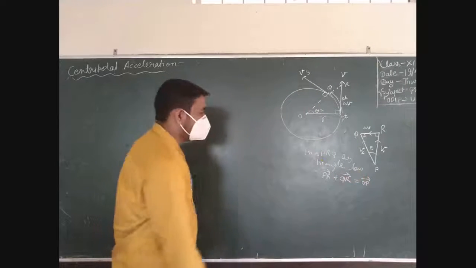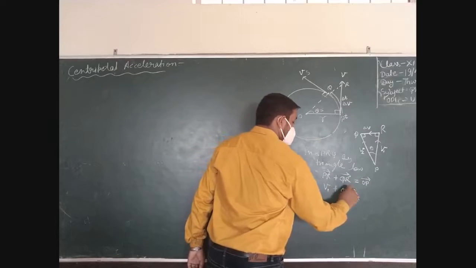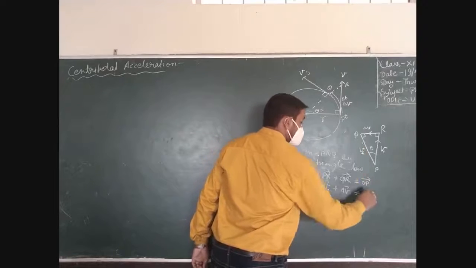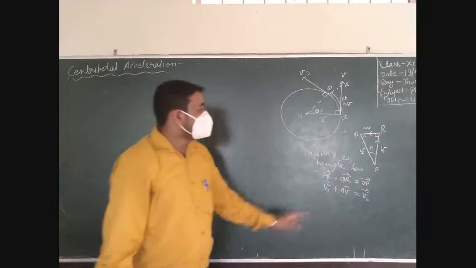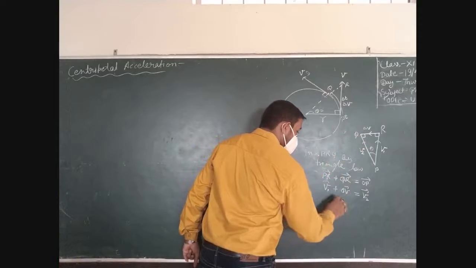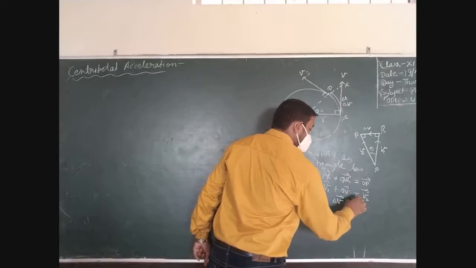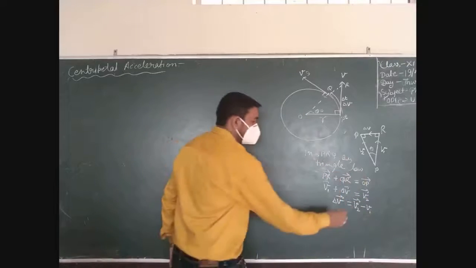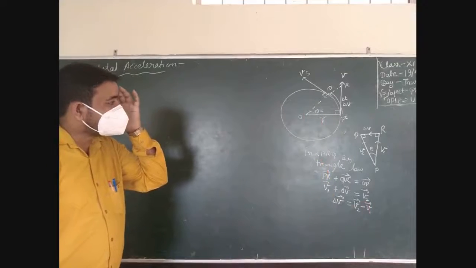Now putting this value, we get v1, del v and then v2. Now calculating from here, the difference del v is equal to v2 minus v1. This is the change in velocity after a small time del t.